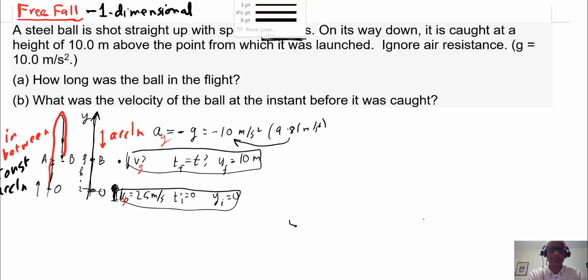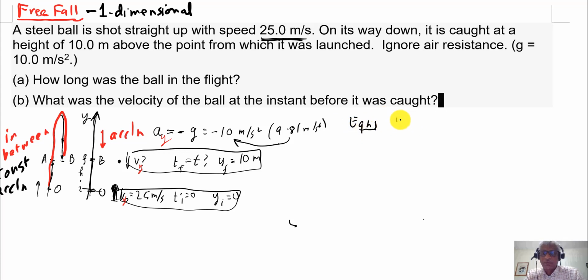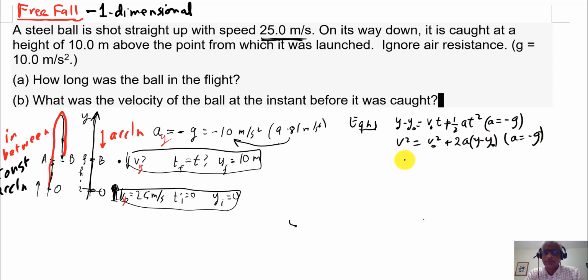Okay, I'm going to solve this problem now by reminding you of the equations that you probably know: y minus y0 equals v0 t plus half a t squared, with a equals minus g here; v squared equals v0 squared plus 2a times (y minus y0), with a equals minus g here; and v equals v0 plus a t, with a equals minus g here.